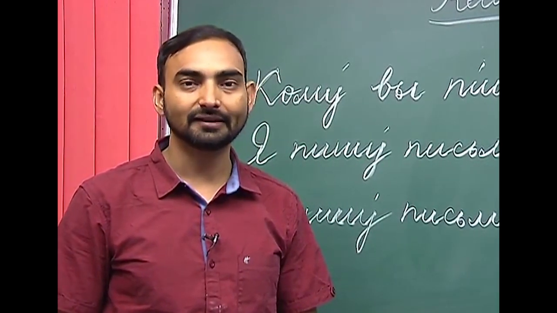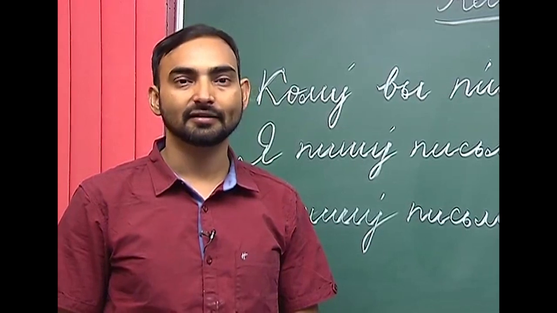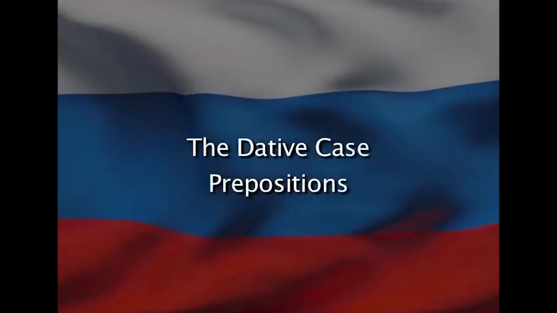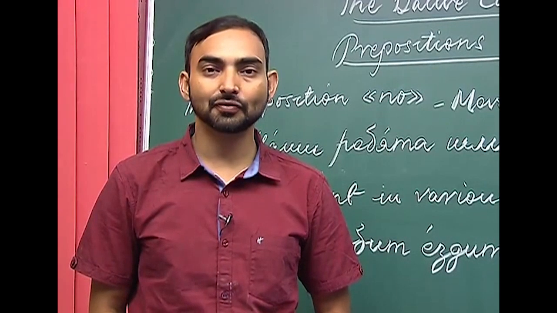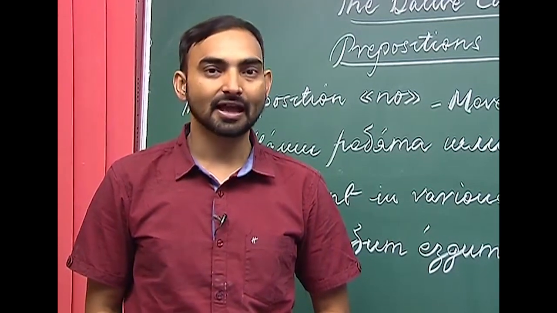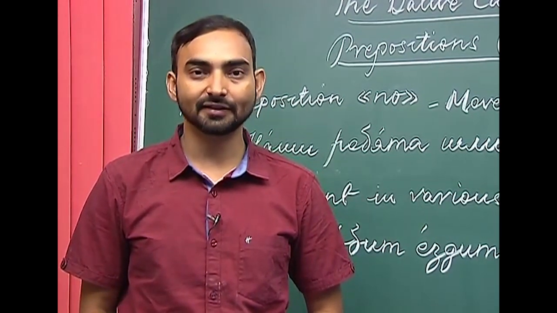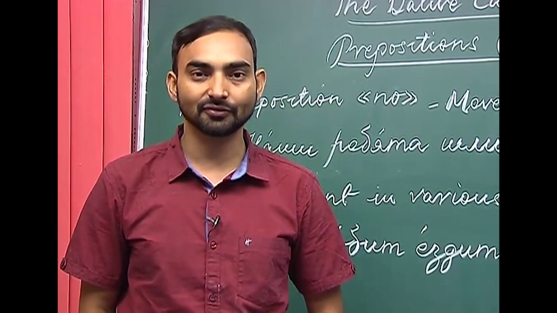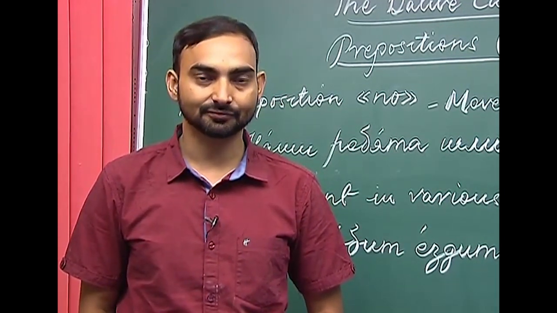So now in this lesson we will discuss some more topics related to the dative case. While discussing the uses of the dative case, we discussed that there are certain prepositions which require the dative case of nouns and pronouns to be used after them.